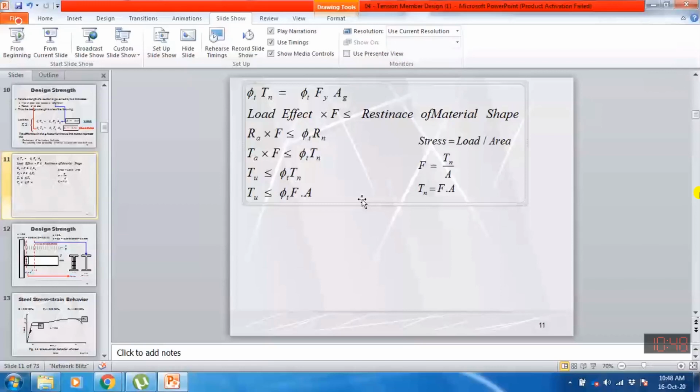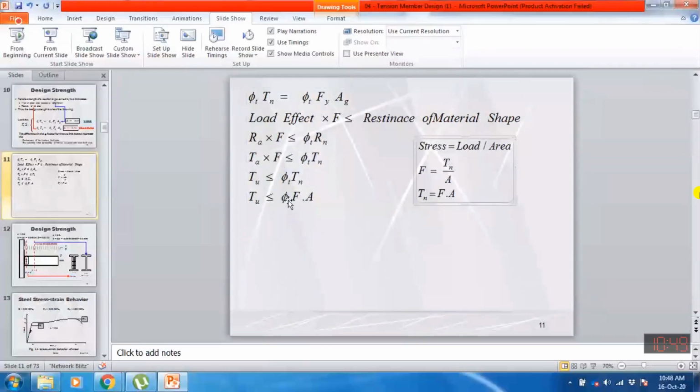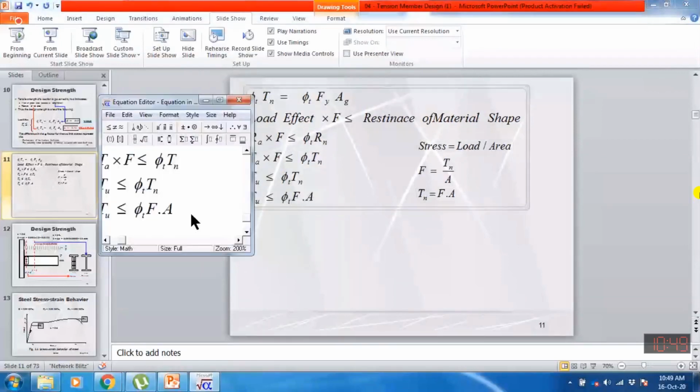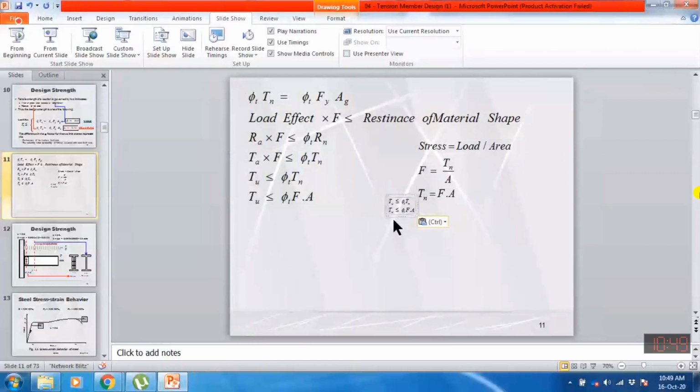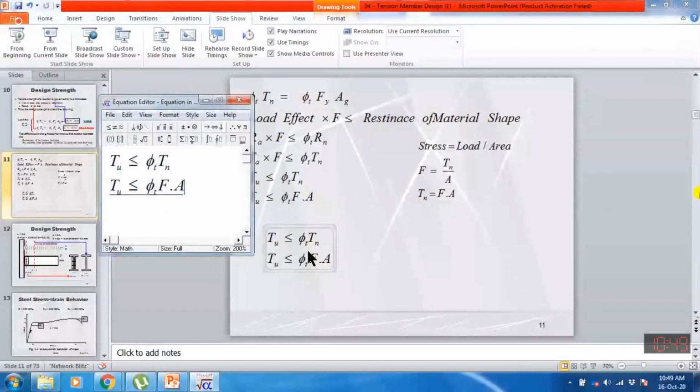Okay, now if I want to consider a yielding failure, just let me write this equation separately. In case of the yielding failure, I have told you that yielding failure will occur when applied stress will be equal to or more than yielding.